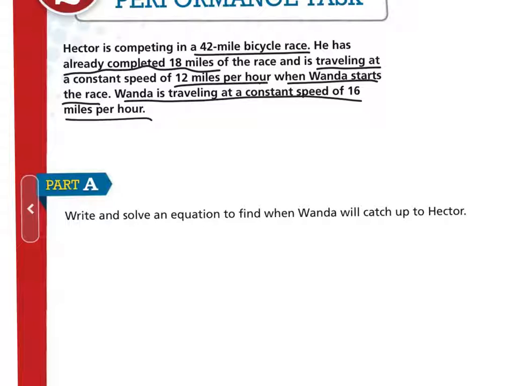So what we can look at is Hector is going 12 miles an hour times however many hours, plus he's already gone 18 miles. And then Wanda is just going 16 miles an hour. She's starting later than he did.